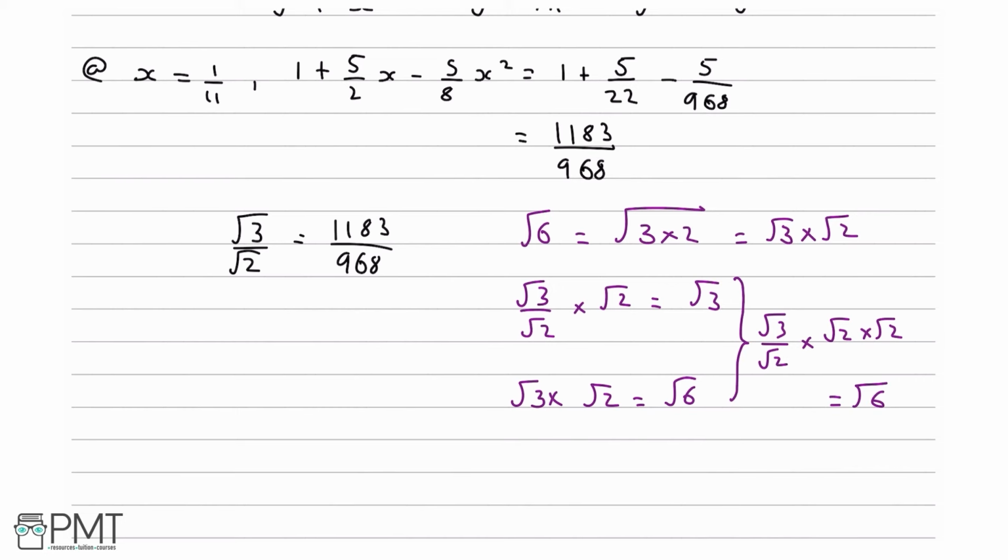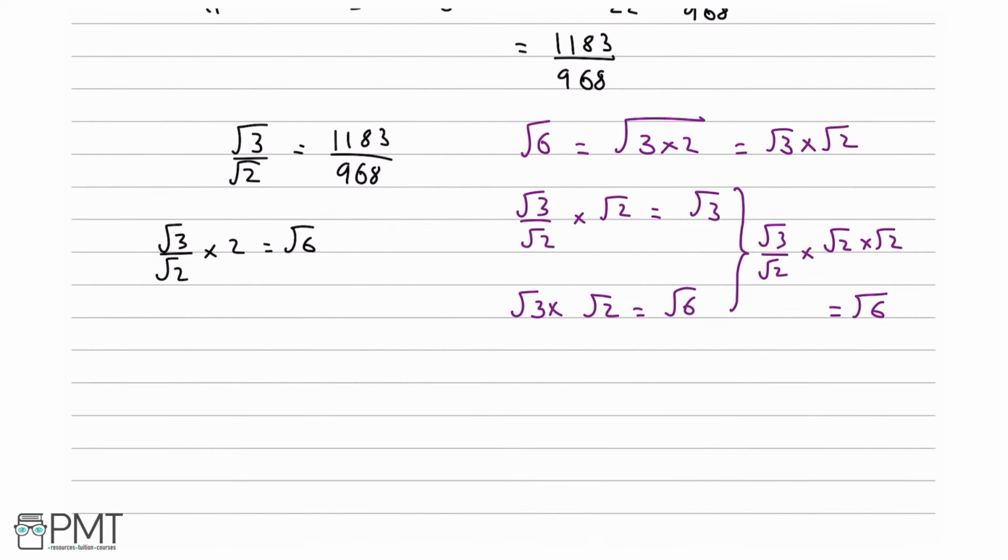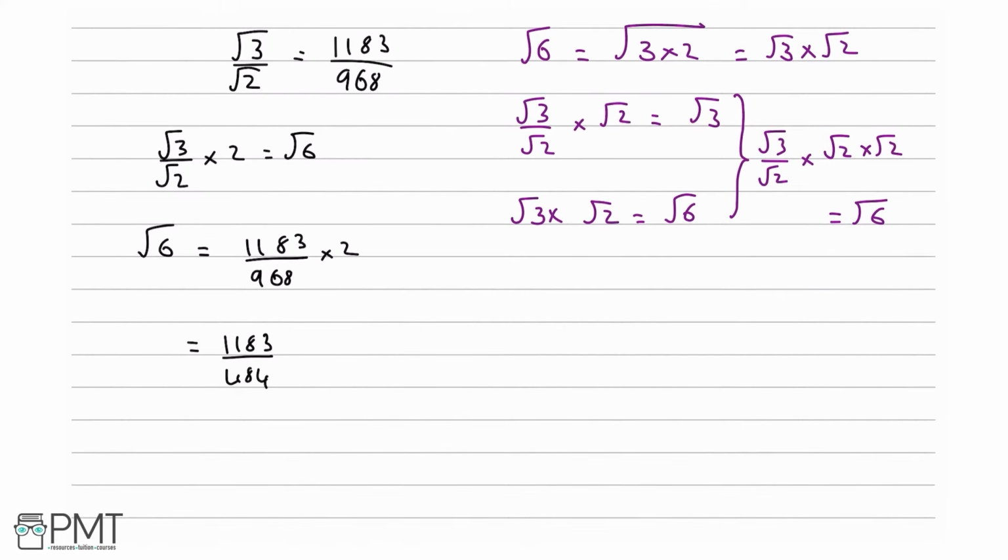Root 2 times root 2 is the same as 2, so root 3 over root 2 times 2 equals root 6. Therefore root 6 equals 1183 over 968 times 2, which equals 1183 over 484. So in conclusion, root 6 equals 1183 over 484.